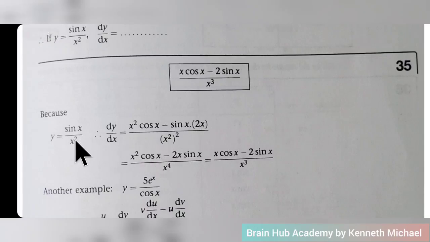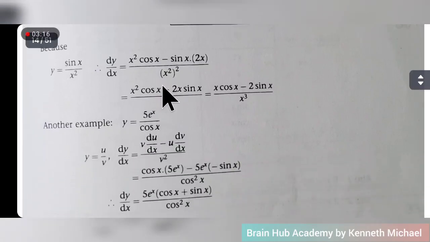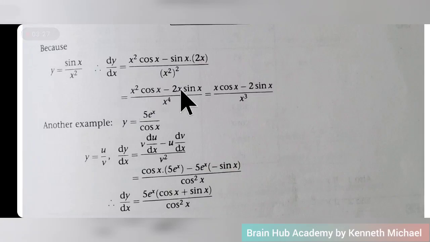Our v is s raised to power 2, so this is s raised to power 2 all square. So we do a little expression here. We have s square cos s, minus 2s times sine s, which is minus 2s sine s, all over the power multiplication. By the law of indices, power multiplies power, which turns to s raised to power 4.